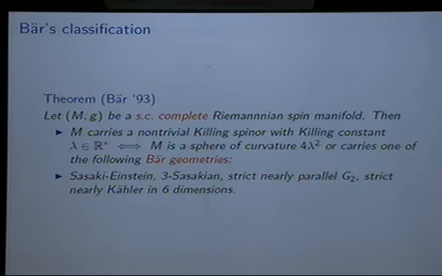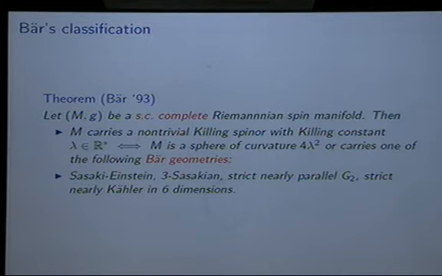In this Bär work there already appeared this construction of the cone. The main idea was to reformulate this equation as the equation of parallel spinors on the cone. It turns out that this equation for Killing spinors on M is equivalent to the equation of parallel spinors on the cone.